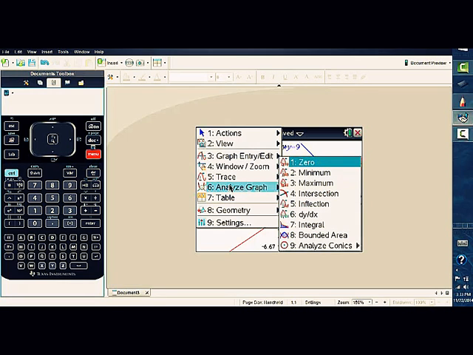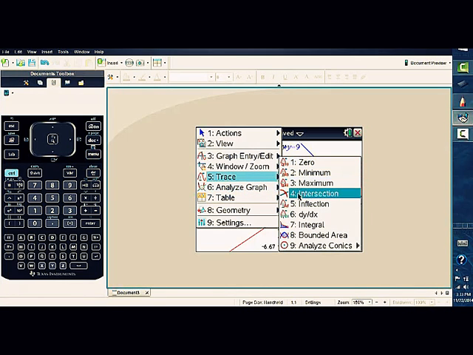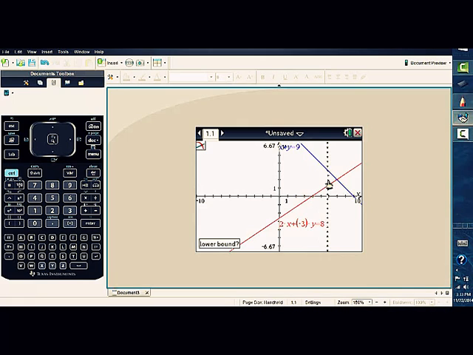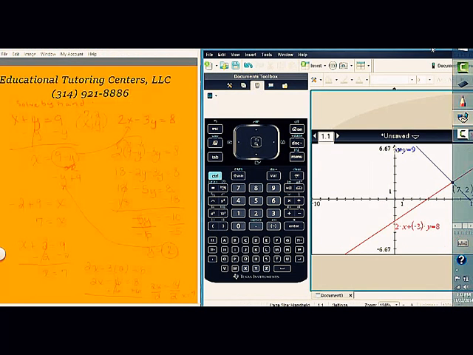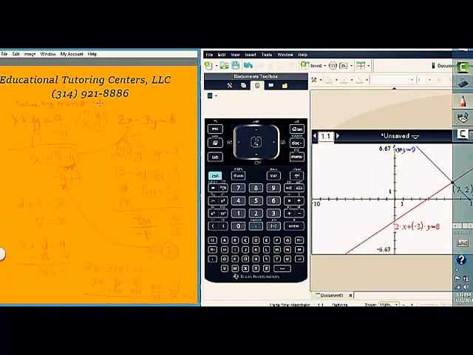I'm going to go to Analyze Graph, Intersection, and it's asked me for my lower bound, so I click, and then I expand it across my intersection point, and you see it shows the solution of 7, 2, and that's exactly what we have here when we did it by hand. The solution was 7, 2.